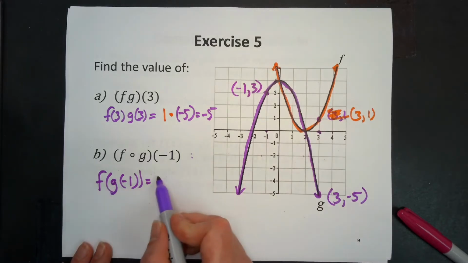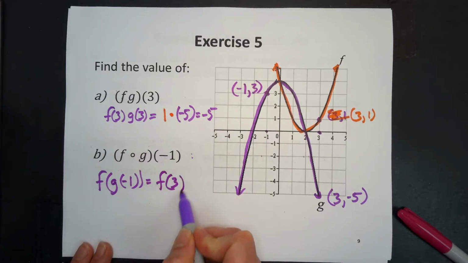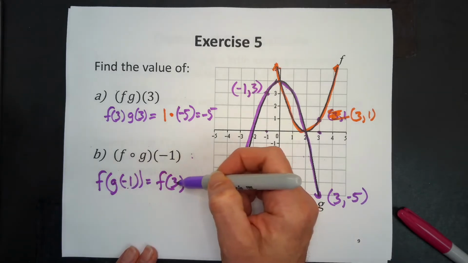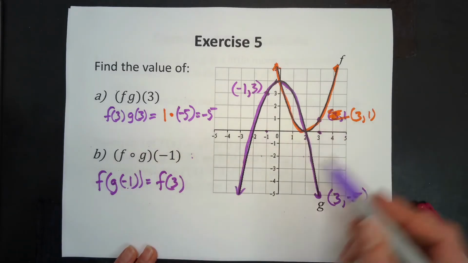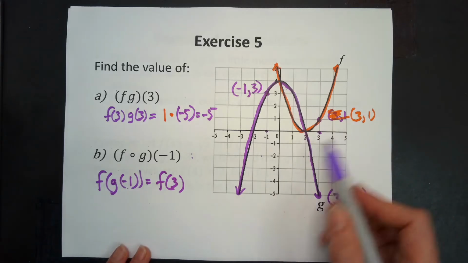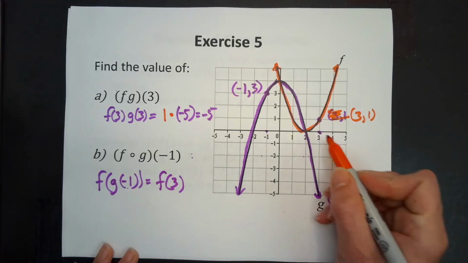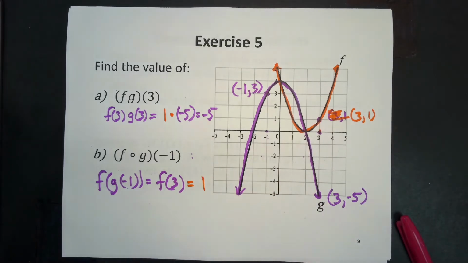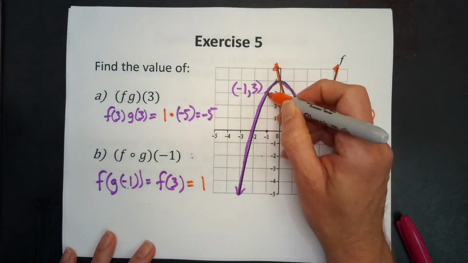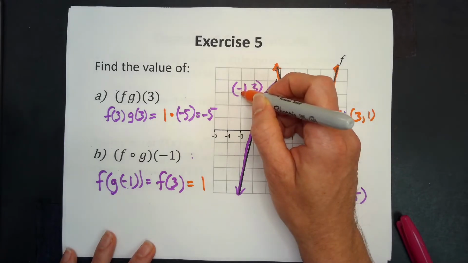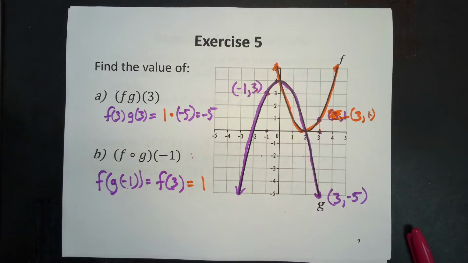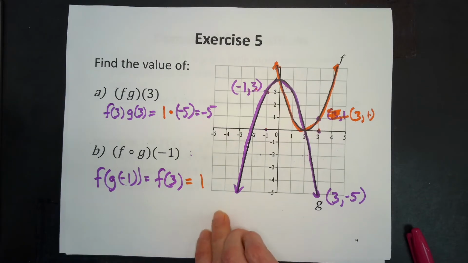So when I plug in -1 into g, I get 3 back out. So that becomes f of 3. So once again, f of 3. If I look up 3 on my x-axis, I get 1 back out. This gives me 1. So it's kind of like you have to chase this. First point, you plug in -1, you get 3 back out. You plug in 3, you get 1 back out, in my two separate functions.